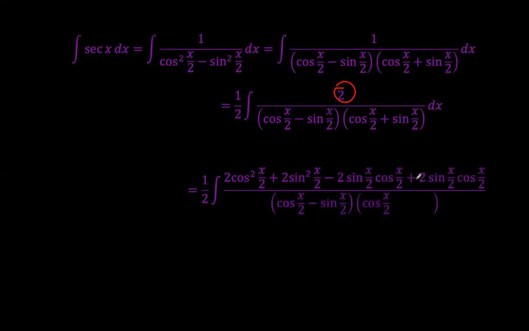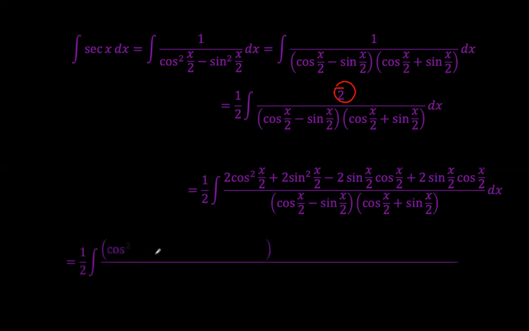And now, because we have a 0 here, we could say this is the same as minus 2 sine x over 2 cosine x over 2 plus 2 sine x over 2 cosine x over 2, so that this would cancel and get a 0. And then obviously the identity of this plus this being equal to 1, and then times 2, we get back this 2. So just doing some acrobatics here.